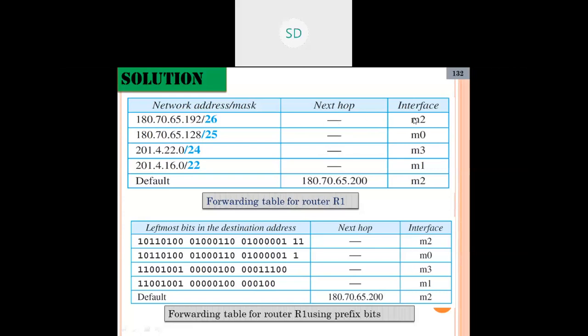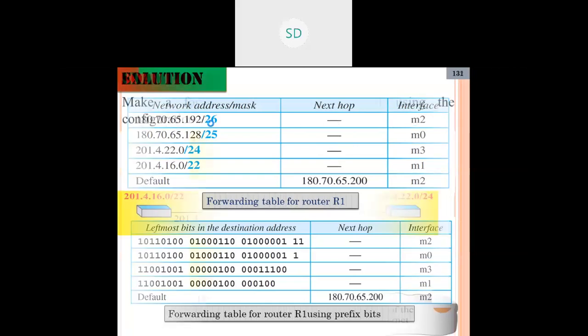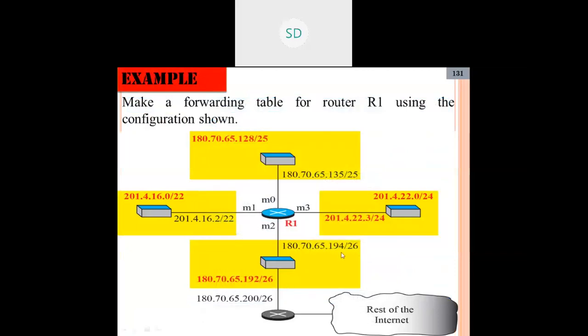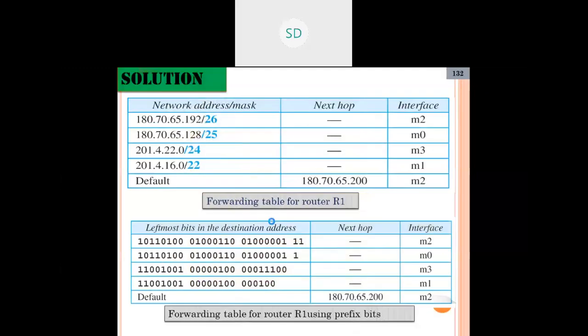Next is interfaces. For 180.70.65.192/26, in the previous diagram, the interface for this particular network address is M2, so we write M2. For the next address, it is M0. It will be given in the architecture in that configuration itself. For the next, 201.4.22, the interface is M3. Next it is M1.